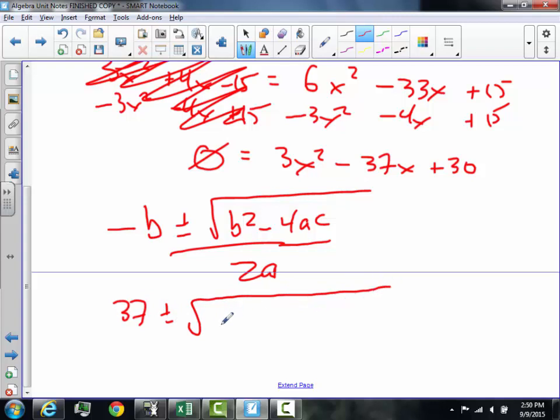Oh, this is gross. We got to do negative 37 squared. Don't forget, when you type that into your calculator, make sure that it's a positive number, because negatives and negatives are positive. 4 times 3 times 30, and then 2 and 3.